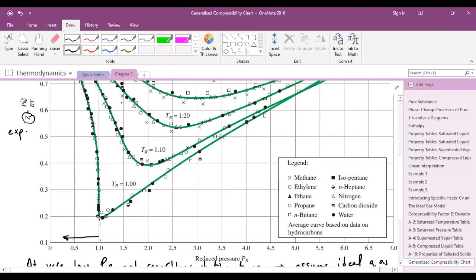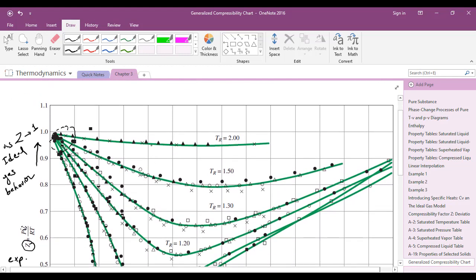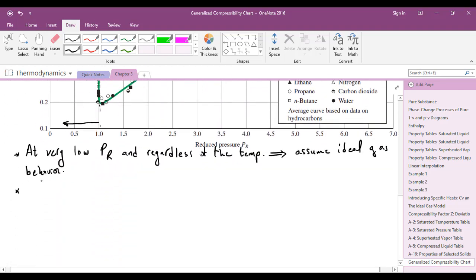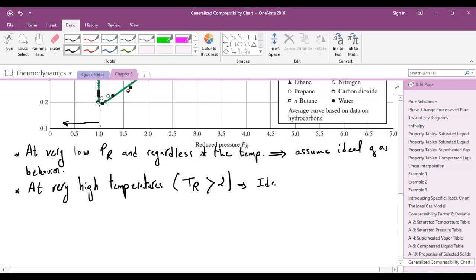And also at very high reduced temperature, more than 2, this curve approaches unity also. So at very high temperatures, mainly at reduced temperature greater than 2, ideal gas behavior is also valid.